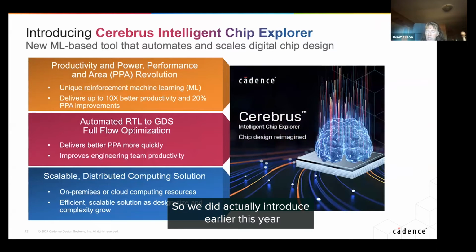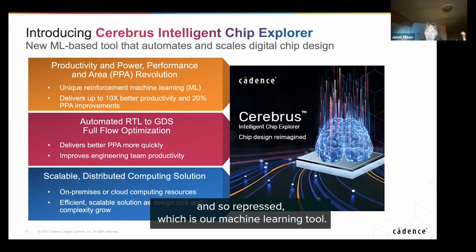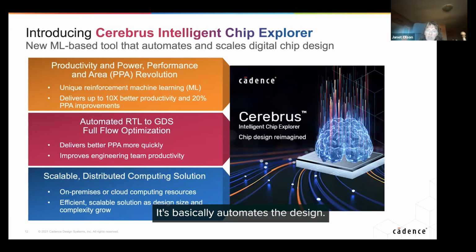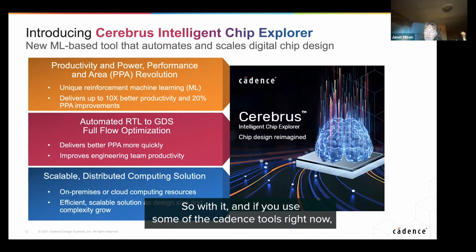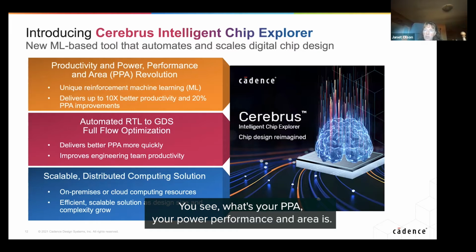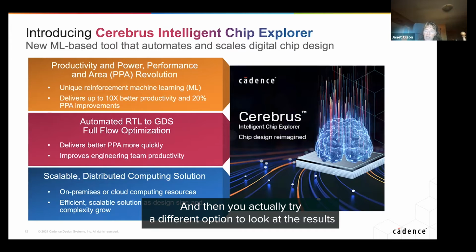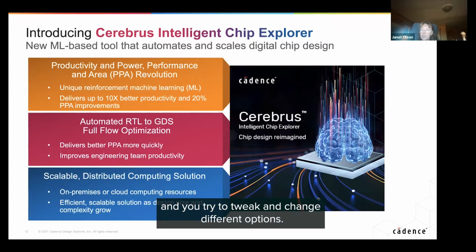We did introduce earlier this year Cerebrus, which is our machine learning tool. It basically automates the design. If you use some of the Cadence tools right now, you try different options, you see what your PPA (power, performance, and area) is, and then you try different options again. You look at the results and tweak and change different options.